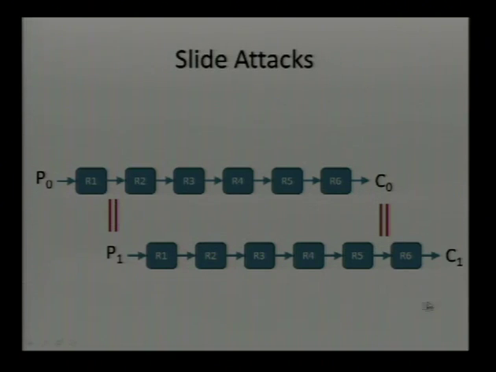When you get a key out, you encrypt P0 with that key for one round and see if it matches P1. If it does, then you have a slid pair and you know the key is right. I have an example on the website. I have a cipher with 100 rounds stacked back to back, and this beats it in less than a second. So adding more rounds is not always the answer, but it helps, especially if it's a good cipher.